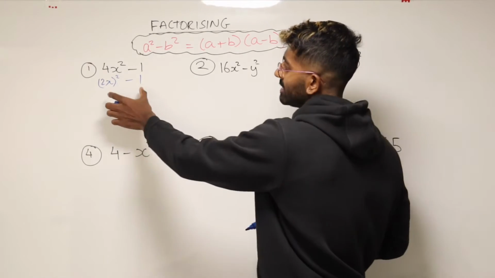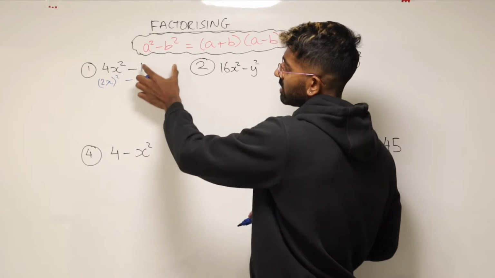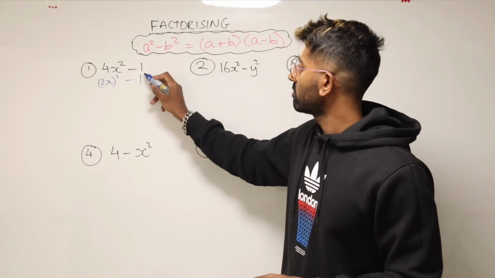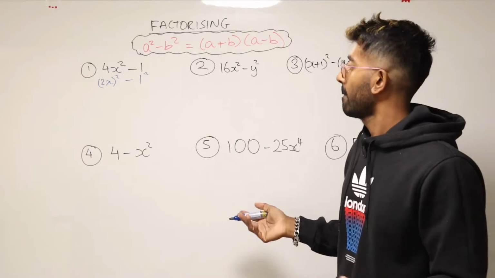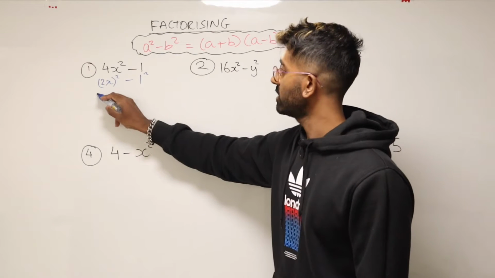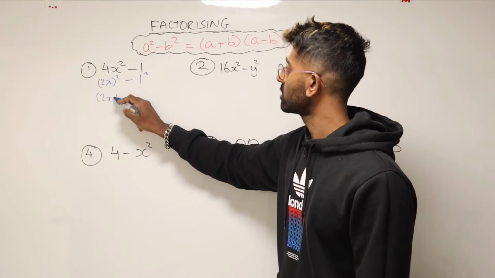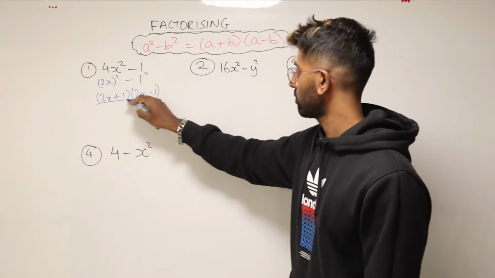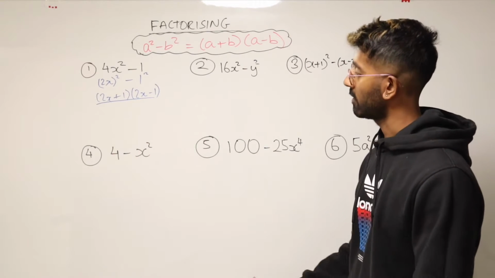And so what you can see now, this here is in a similar format to this, because 1 is the same as 1 squared. And so this is perfectly laid out now for us to then turn this into 2x plus 1 and then 2x minus 1. And there it is, done.